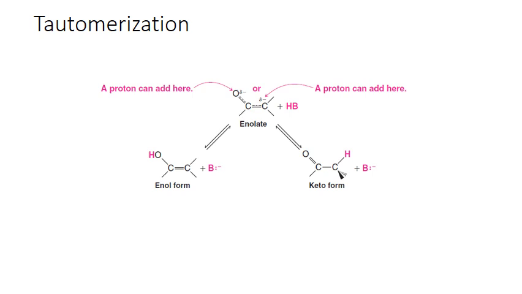When enolate accepts a proton at carbon, we obtain the starting ketone. When it accepts a proton at oxygen, we obtain the form which has H on the oxygen on the double bond carbon. This form is called the enol form.